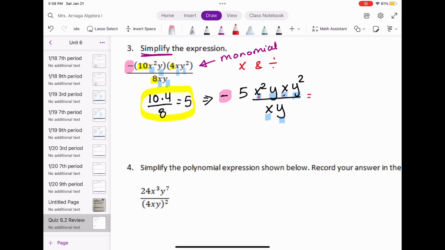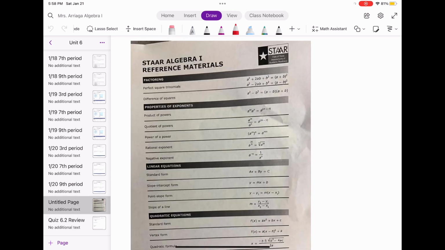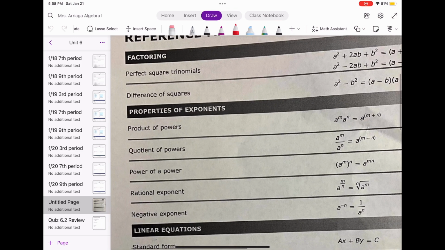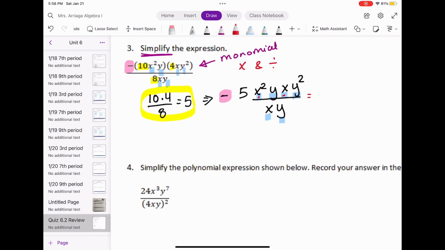Let's say we multiply the x's on top. If we look at the reference sheet at the product of powers rule, it says when you multiply the same base, the base stays the same, on the numerator, and the exponents add up. So you have to add the exponents. Let's rewrite this.